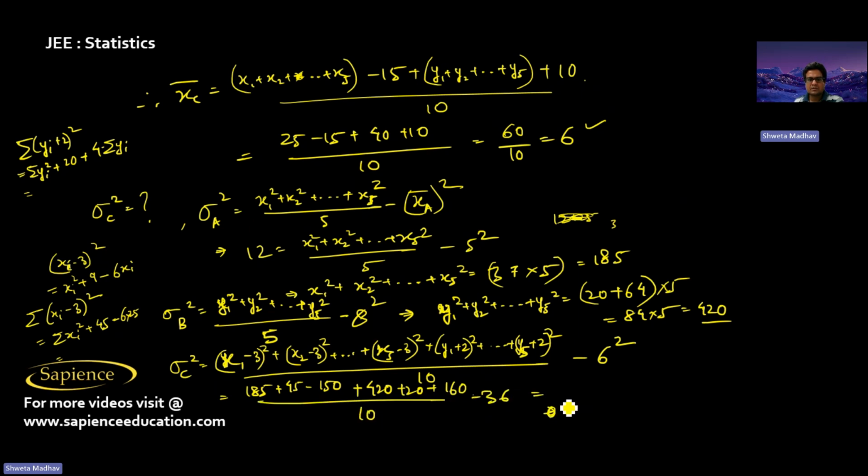So this will be equal to 160 minus 150 is 10. So 10 plus 20 is 30, 30 plus 420 is 450, plus 5 plus 45 is 50, 50 plus 180.